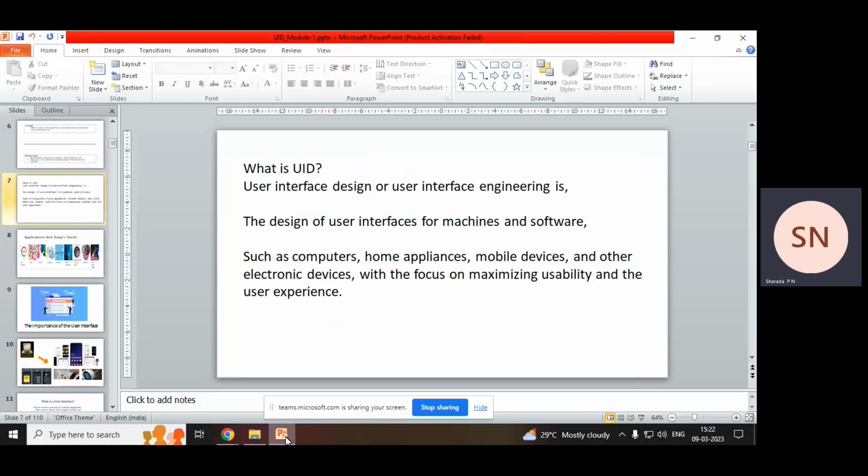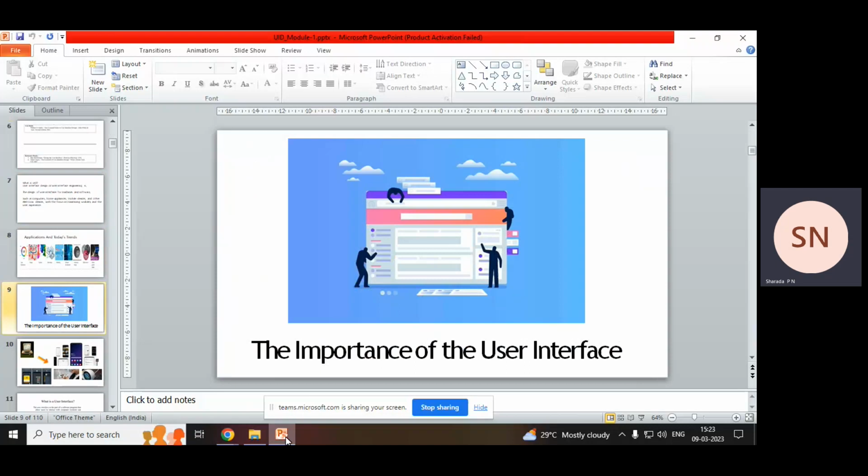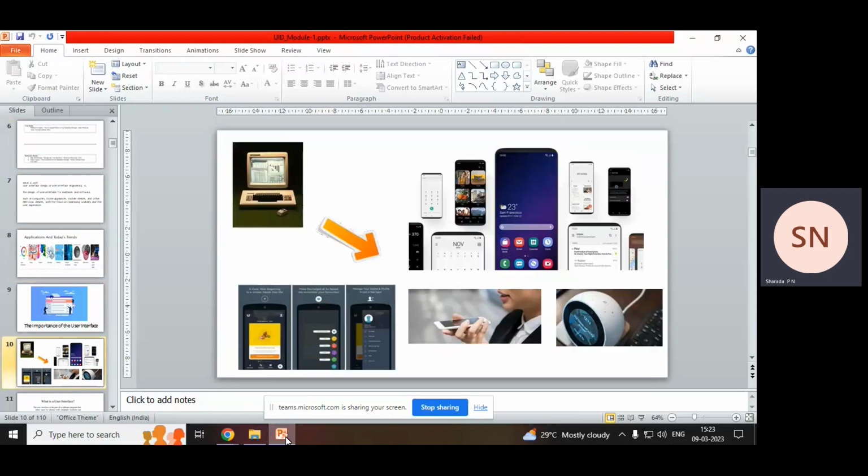So the best interface is the one with proper design, combining effective input as well as output mechanisms.